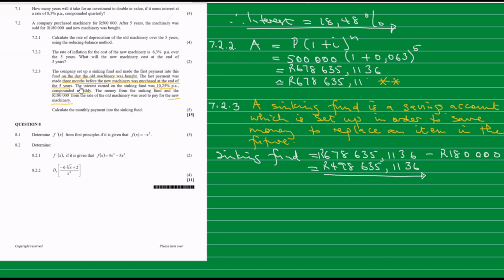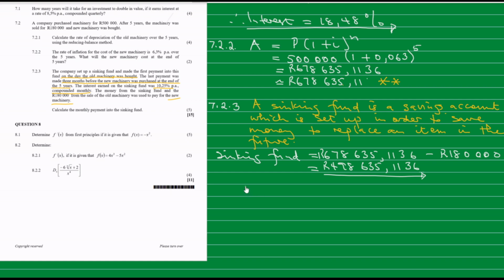Now here the question is asking us to calculate the monthly payment into the sinking fund. So a sinking fund is a savings account. So for us to calculate here, we need to use the future value.